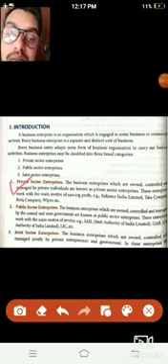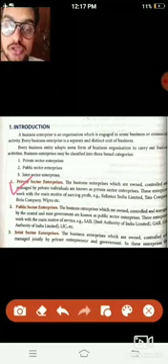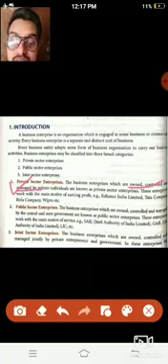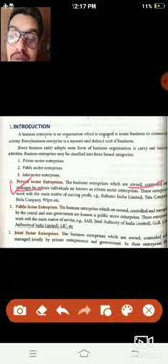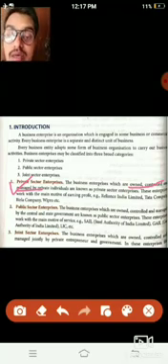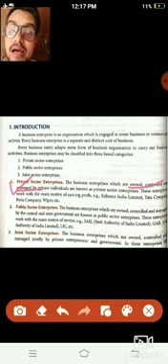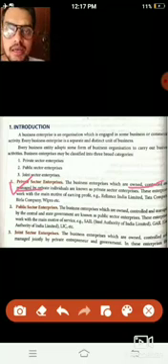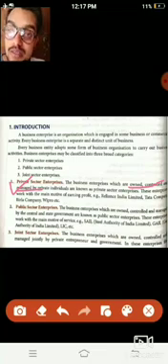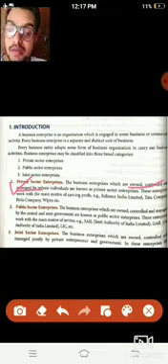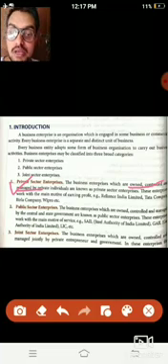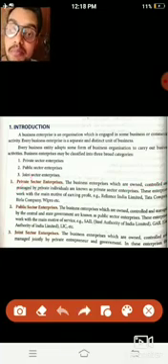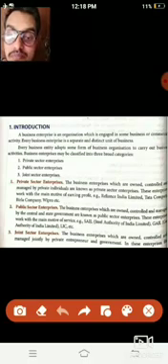A private sector enterprise is the type of business which is owned, controlled and managed by private individuals. When I say private individuals, I mean that they are private people. They are not business organizations. They are normal people like you and me who invest their money, who invest the capital that they have to start a business. So these private sector enterprises, they are owned, managed and controlled by the private individuals.